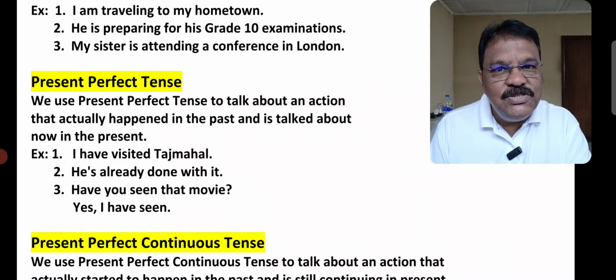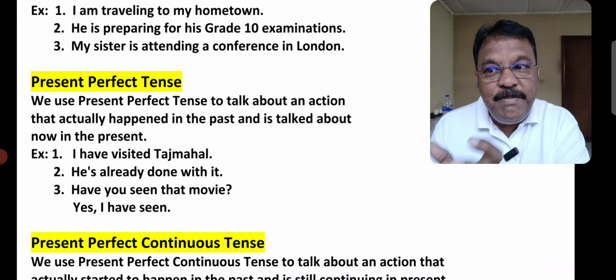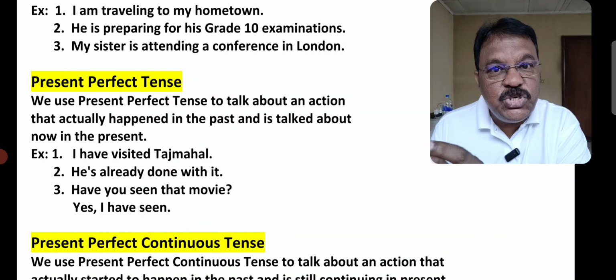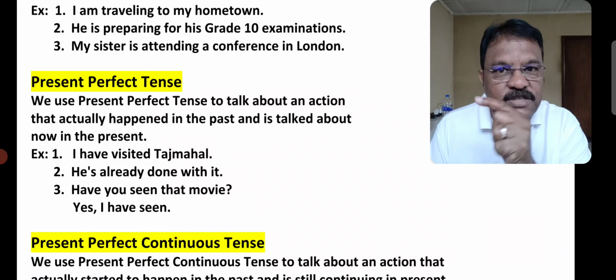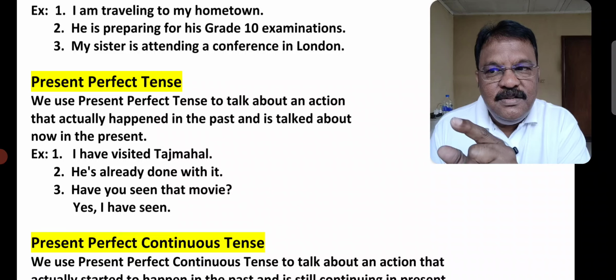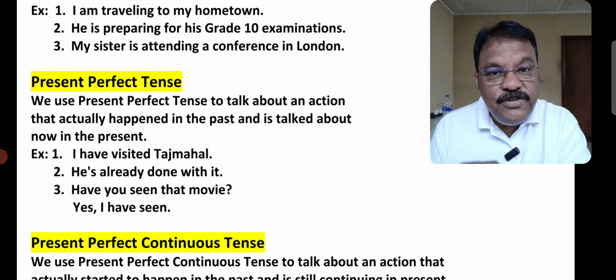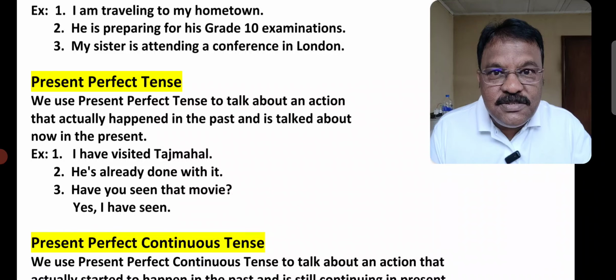He and has are combined together and written in short form, "he's." So when you look at such usage, don't think the letter S refers to the verb "is," but it refers to the verb "has."